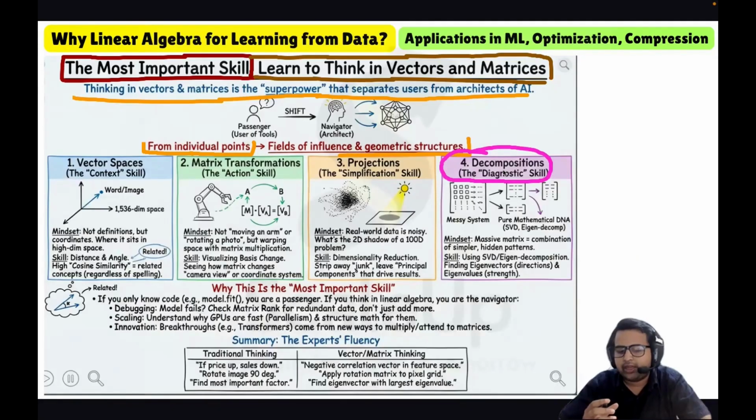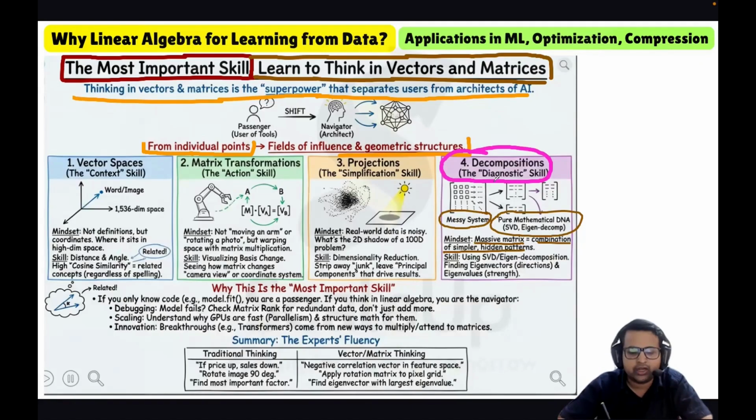Thinking in terms of decomposition means a massive matrix of user data is broken into a combination of simpler hidden patterns. So we decompose a messy system into pure mathematical DNA, smaller matrices.